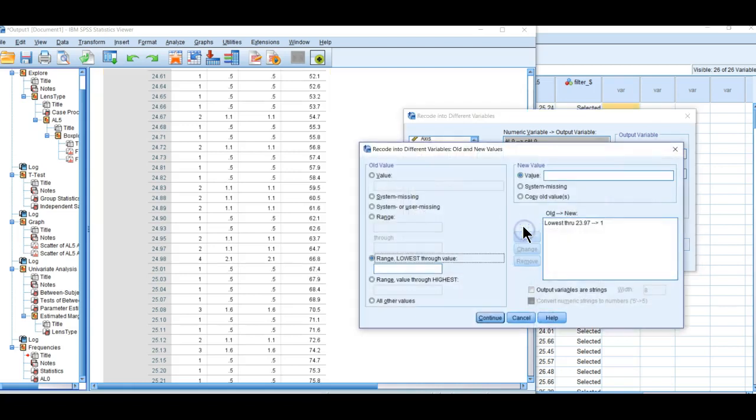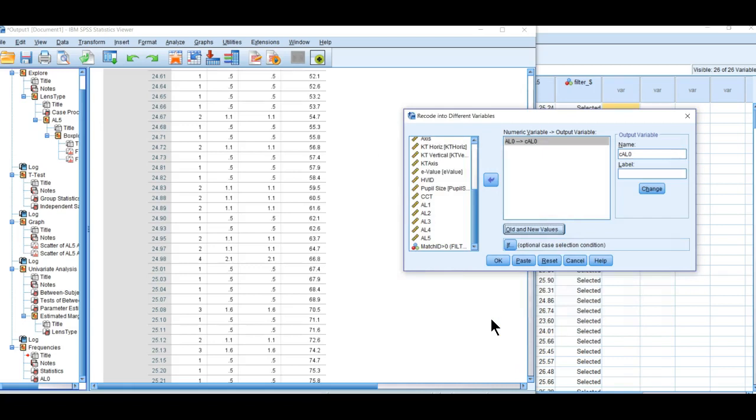So we go to our old and new values. Now our range is going to be the value 24.98, and we're going to give that a number 3. It's 24.98 through the highest. And then everybody else is going to fall through the middle, so all other values are equal to 2.